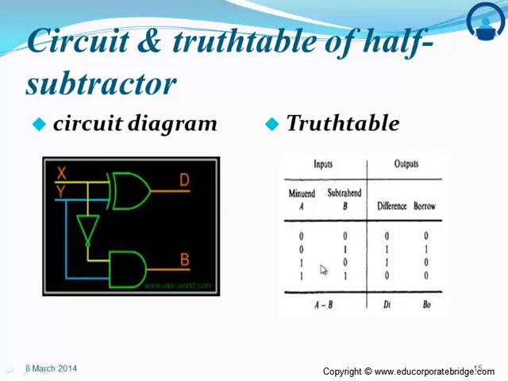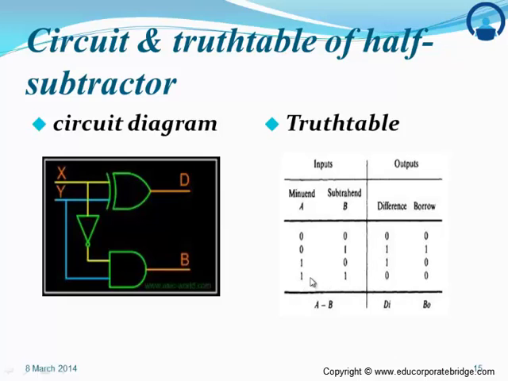Now let's check the other variation, 1 minus 0. This 1 minus 0 has the difference as 1, and since the minuend is greater than the subtrahend, the borrow is 0.